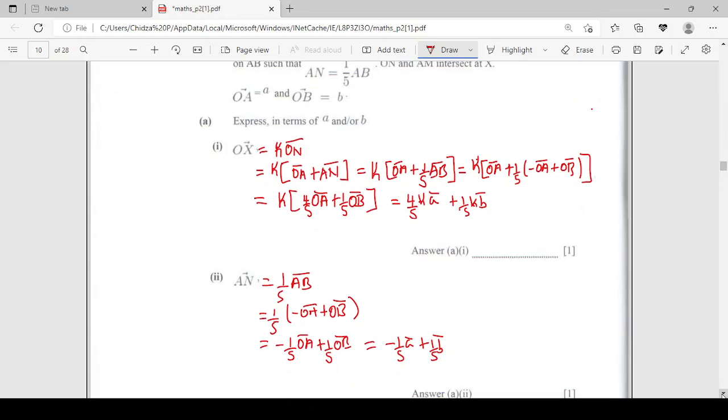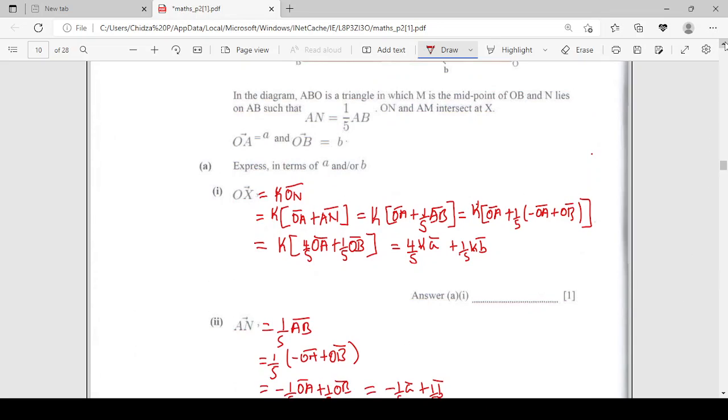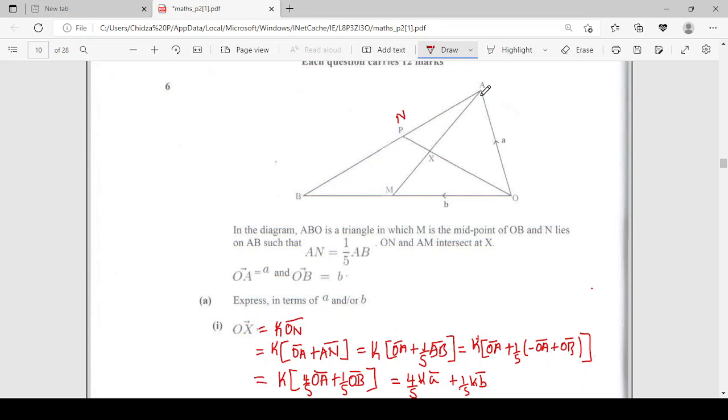AN is what we are being asked to find. We are told already that AN is 1/5 of AB. And you know, when you have a displacement vector, you can always replace that by position vectors. So it means from point O, you'll go in the opposite direction to reach point A. Let's go back to the diagram there. You're at point A, so you go against this arrow.